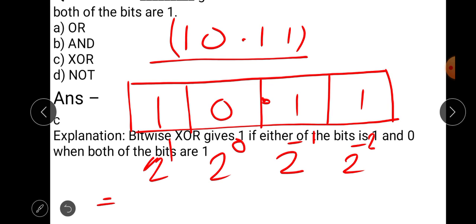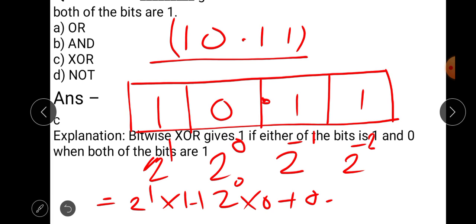So we get in this case 2 power 1 into 1 plus 2 power 0 into 0 plus 2 power minus 1, which means 1 by 2, which is 0.5, and 2 power minus 2, which means 1 by 4, which is 0.25. So we get the number which is equal to 2.75.